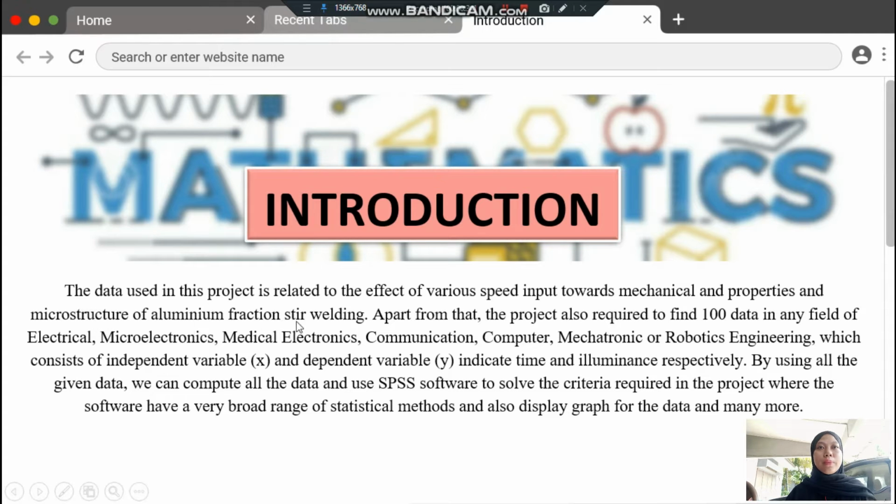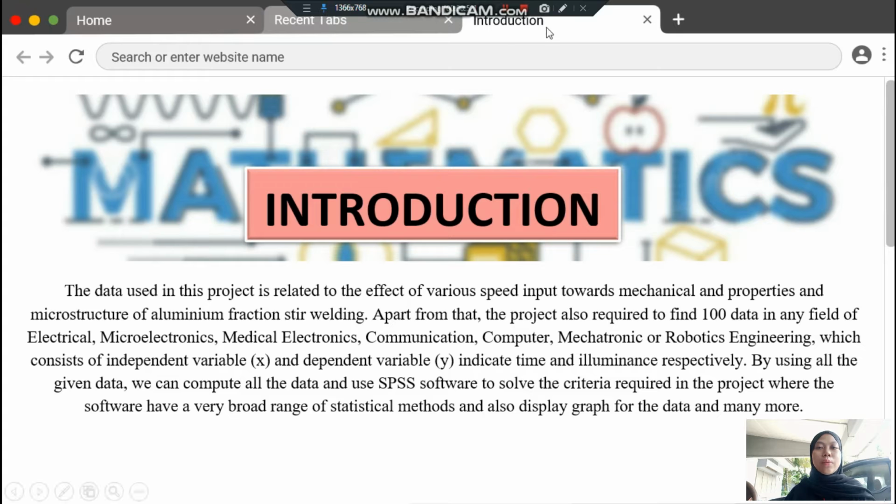Apart from that, the project also required us to find 100 data in any field of electrical, microelectronic, medical electronic, communication, computer, mechatronic, or robotics engineering, which consists of an independent variable and a dependent variable.